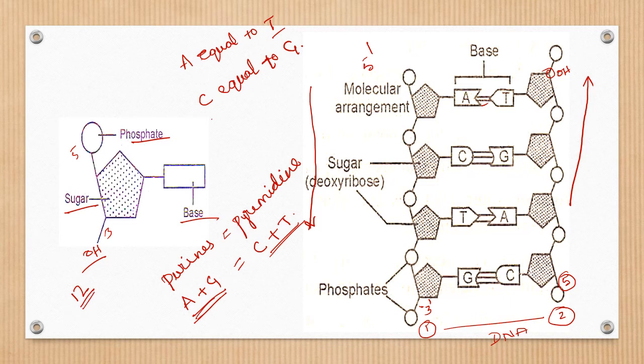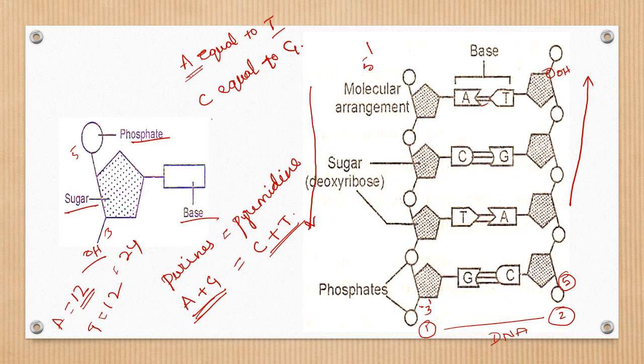What we are saying, A is equal to T. That means A is 12. It is always equal to T. That means T is also 12. So A plus T is equal to how much? 24. Correct.